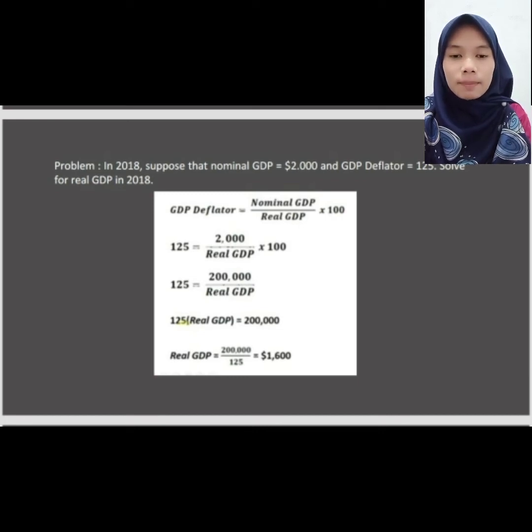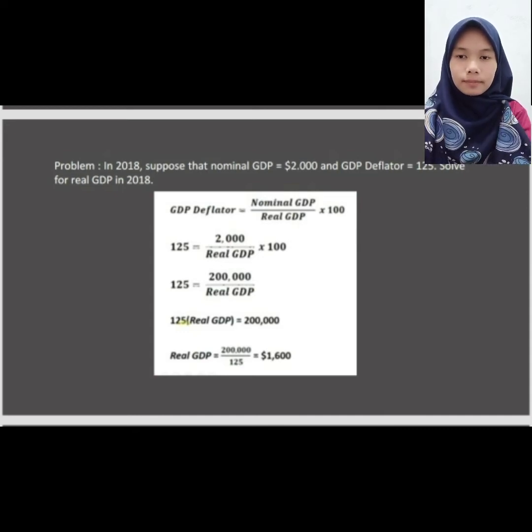So the real GDP is $1,600. It is a slightly more complicated problem, but it's not too bad if we recall the GDP deflator formula.